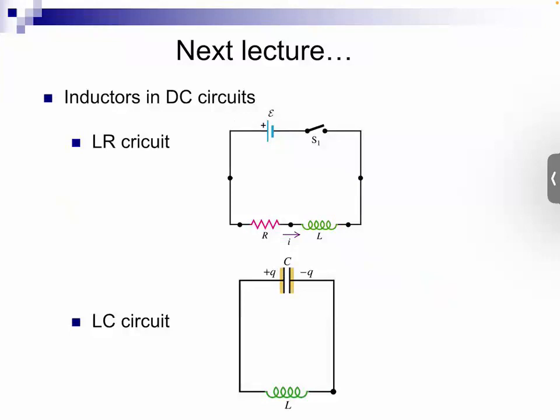Because in the next lecture, we will look at analyzing circuits where we combine the inductor with a resistor and combine the inductor with a capacitor, seeing what will happen with the current and the voltage in the circuits.